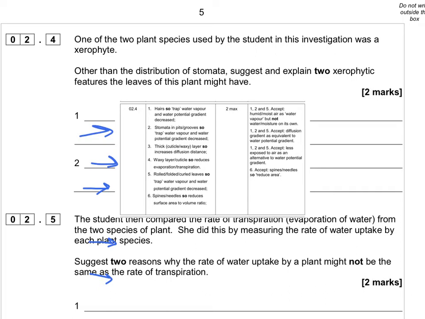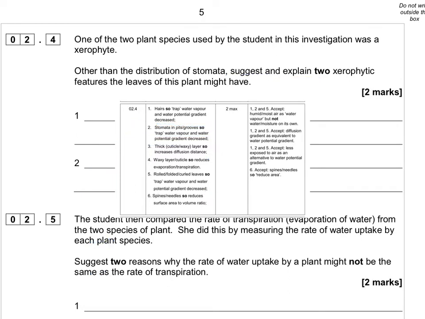Now for the 2 marks, you've got to mention both. For 1 mark, you need to say what the structure is and what it does. It's important that you put both points and you get 1 mark for each. So it's really important you follow that when it says suggest and explain. Suggest is the first thing, explain is the second, and you get 1 mark for each suggestion and explanation.